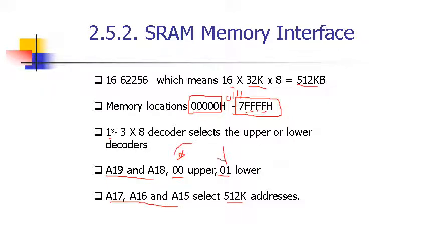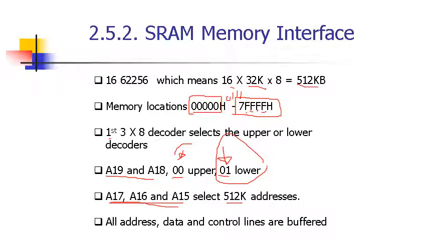And if the lower decoder is activated through 01, these same pins are used to access any memory location from your lower 8 chips. And again, this is a complete system where your data, as well as the control lines and address lines, are all buffered.